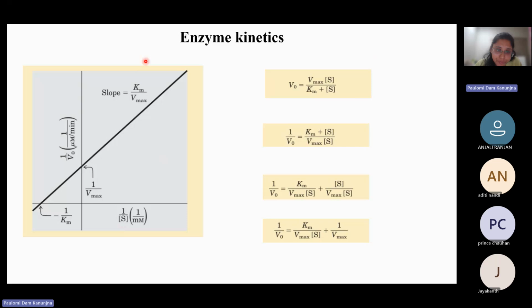So you have this value as 0.5 and this triangle's area as 0.125. Give me the value of Km and Vmax.